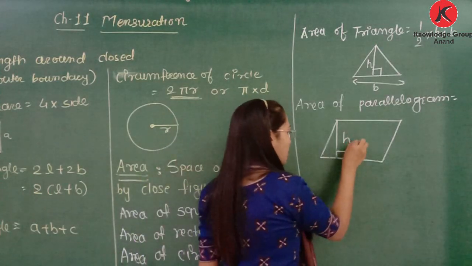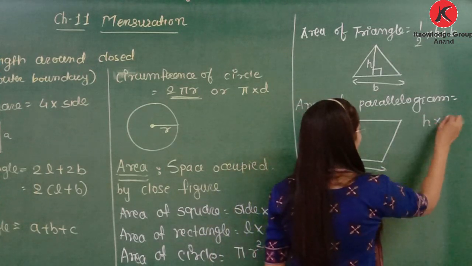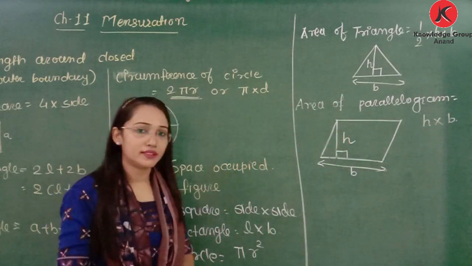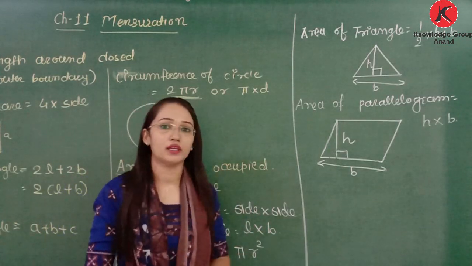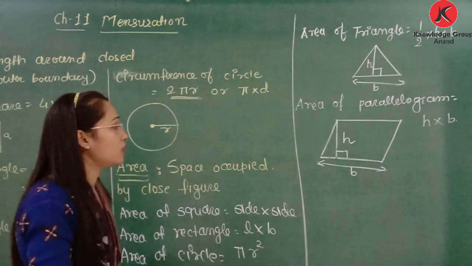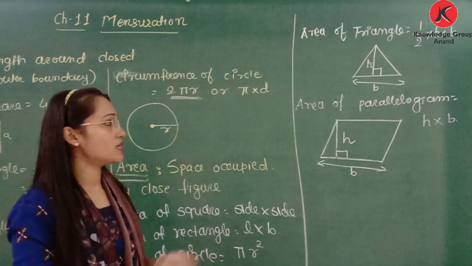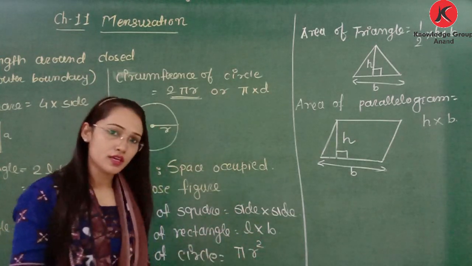So this becomes the height and this side becomes the base. So the area of a parallelogram is height into base. We also saw some examples related to the area of a parallelogram, area of a triangle, area of a rectangle. Okay, so now we will solve exercise 11.1 that is based on these equations. These equations we already learned in 7th standard.